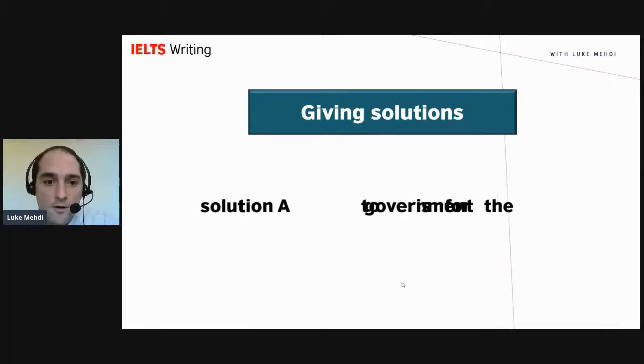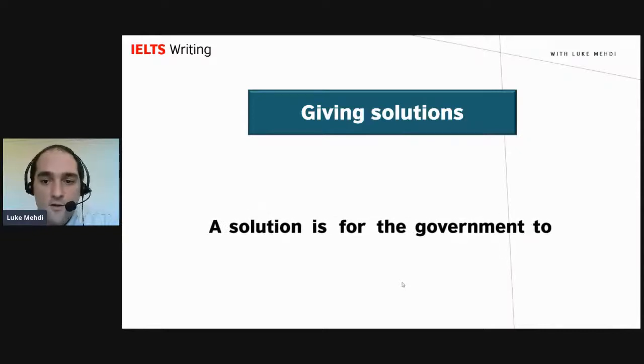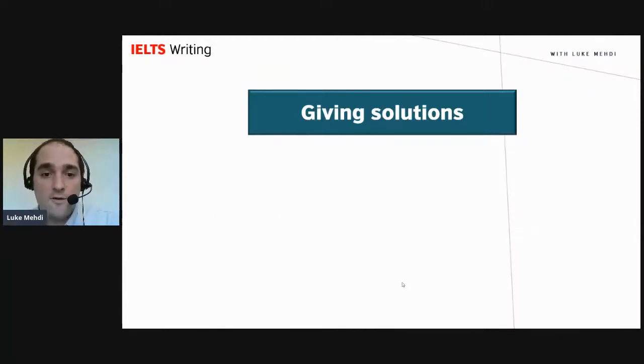So what we've got is: a solution is for the government to do something. This solution would be something done by the government. Okay, let's move on to the next one.